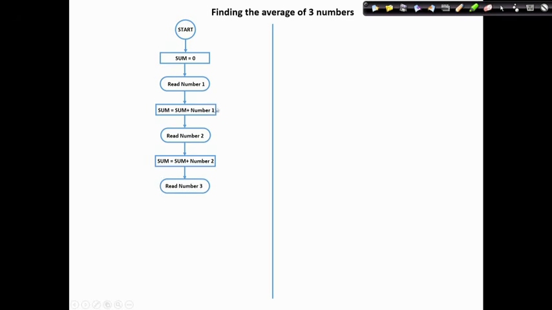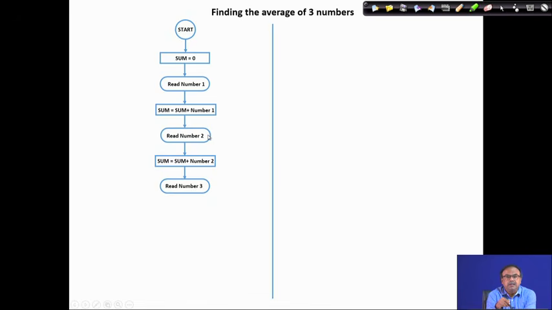Suppose the second number was 8, then the sum becomes 8 plus 5, that is 13. Now I read the third number, suppose it is 3, and compute the sum: 13 plus 3, 16.